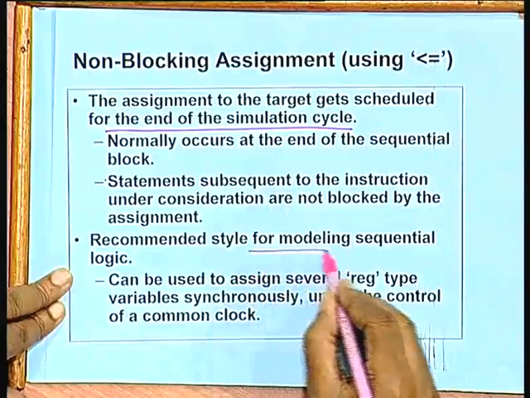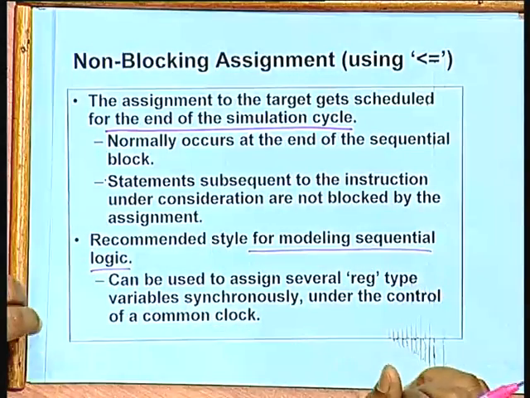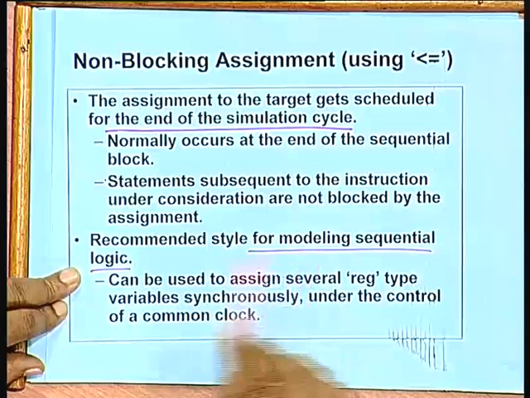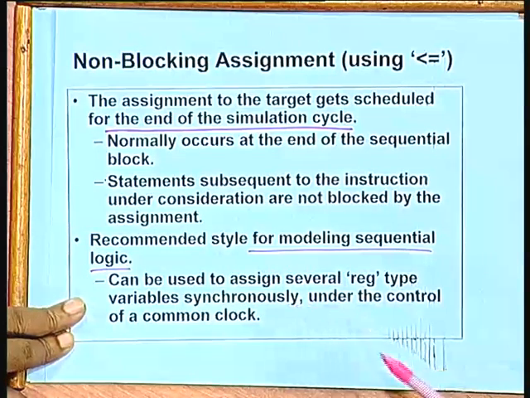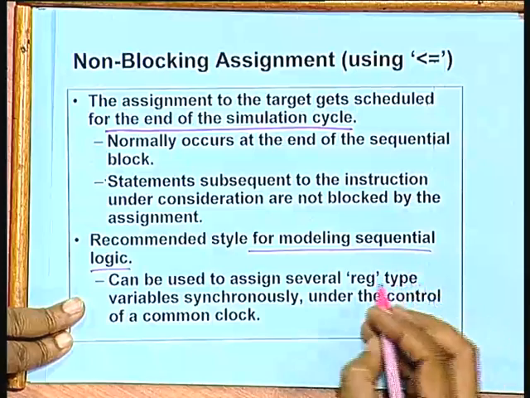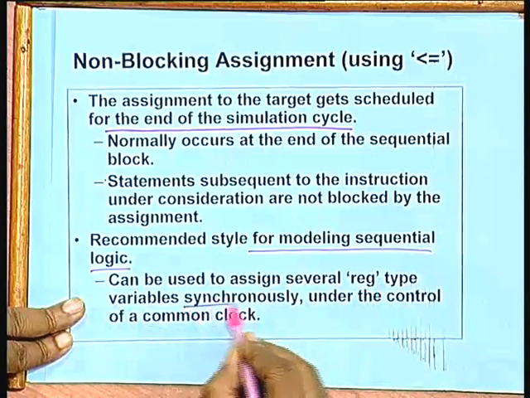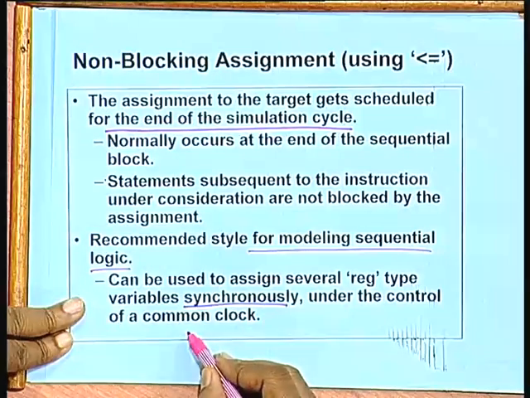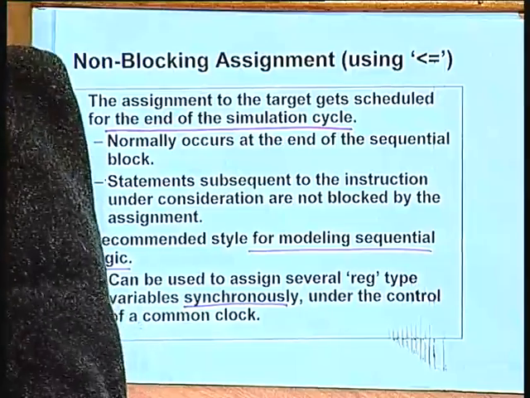And you can understand that very naturally this is the recommended style for modeling sequential logic. Yes, we will come to that shortly. This is the recommended style for modeling sequential logic, and here we are essentially using several reg type variables and assigning some values to them synchronously under the control of a common clock. This is the typical usage of these assignments. Okay.